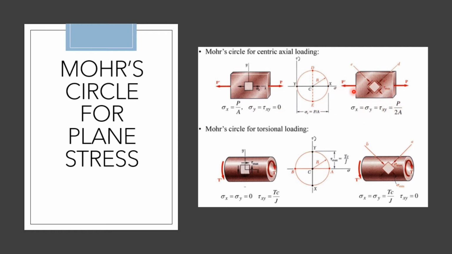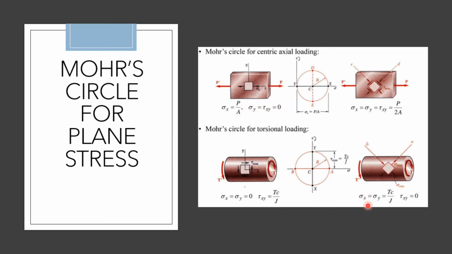Same with this formula, sigma x equal to sigma y equal to tau xy is equal to P over 2A. And the Mohr circle for torsional loading is different. As we can see, this formula is sigma x equal to sigma y equal to 0, but tau xy equal to Tc over J is different from the axial loading.